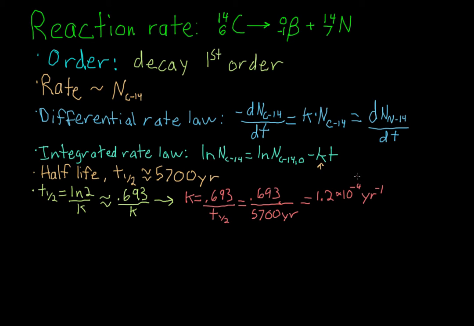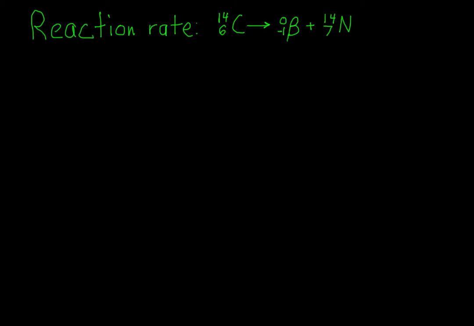So now we've fleshed out the basics of the rate for the decay of carbon-14, and we want to figure out what we can do with it. One generalization I'm going to make is that we're going to call the number of carbon-14 atoms n. That's just going to simplify things. Let's go ahead with an example problem.